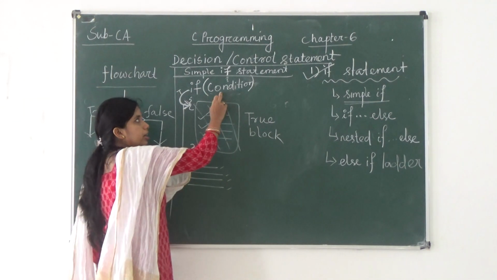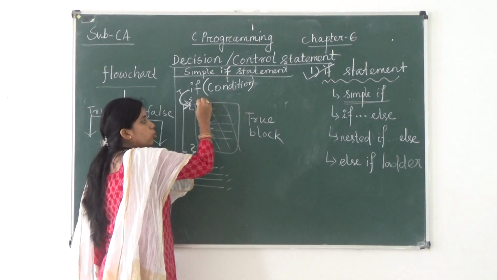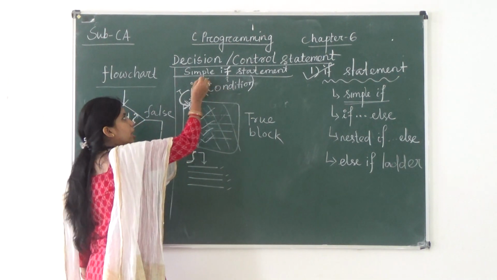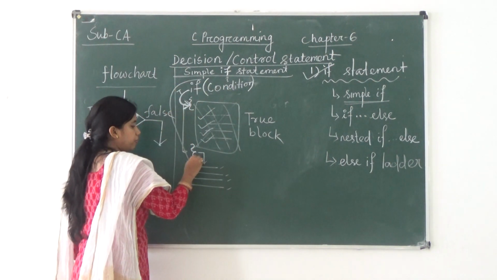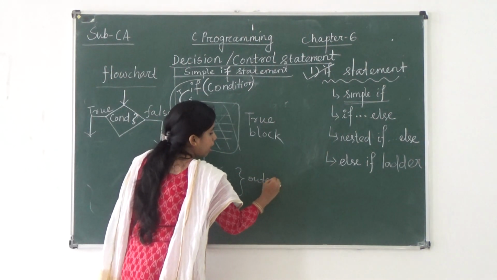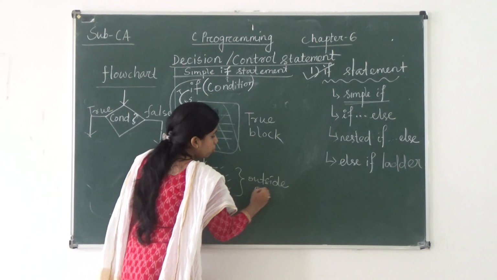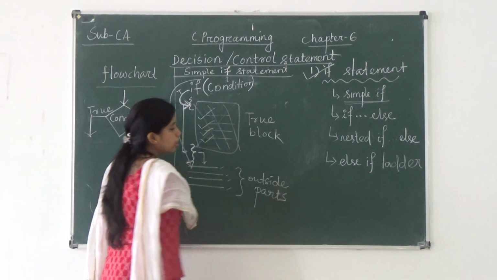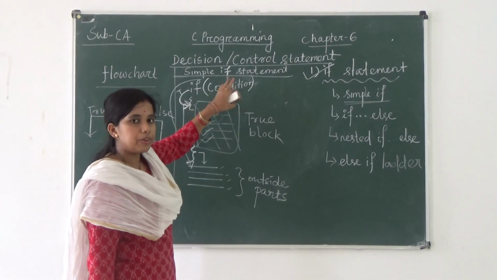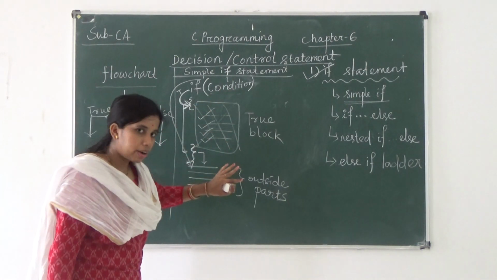No. When the condition is false, you only have to skip the true block and come directly here. These are the outside statements, which are executed in both cases, even if the condition is true or false. Got it?